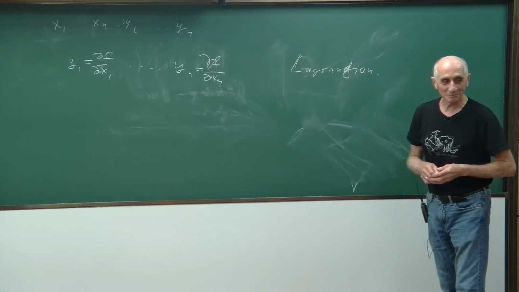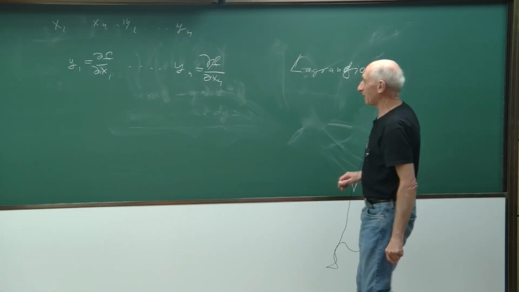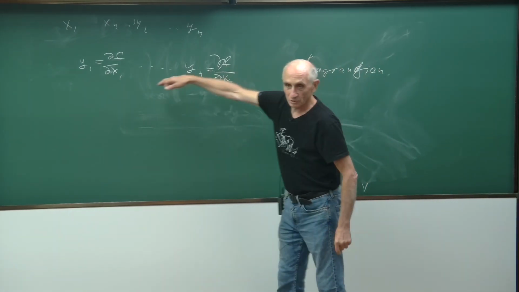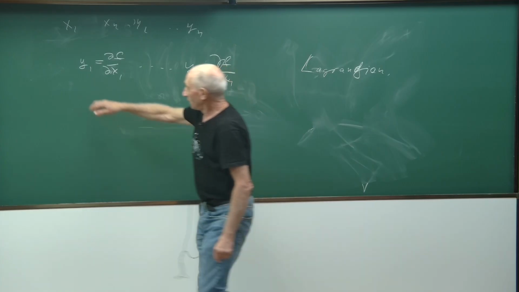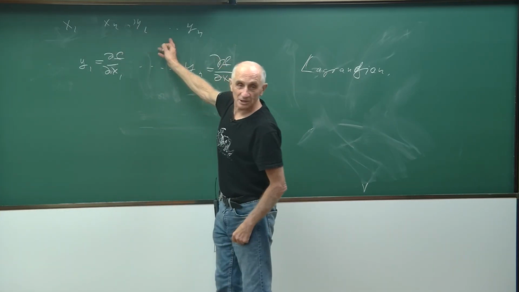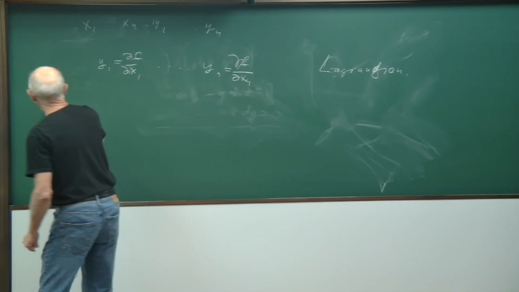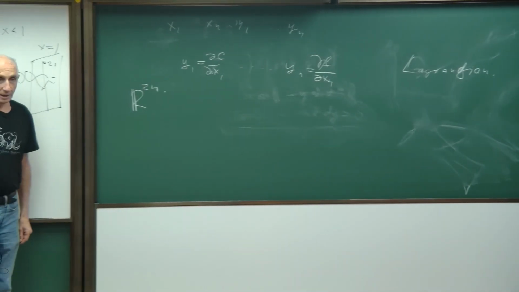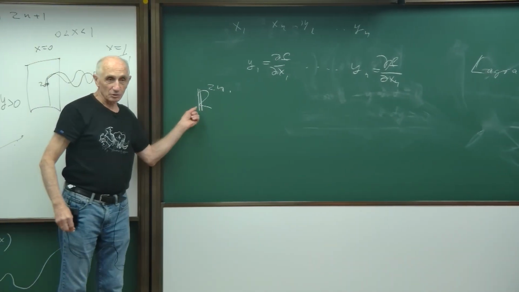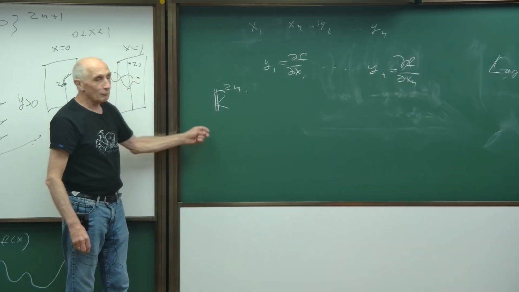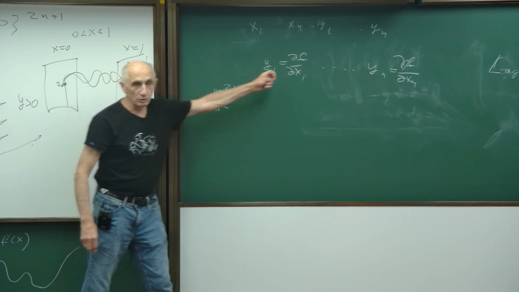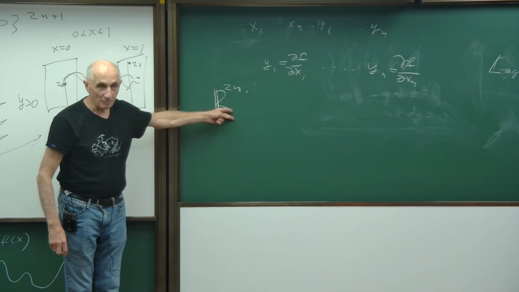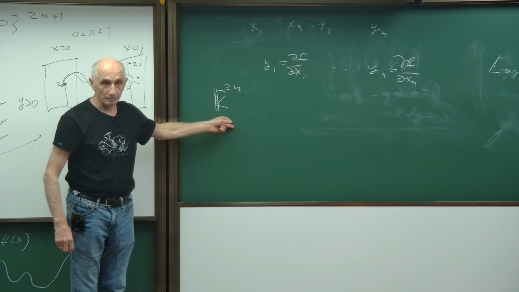Okay, now let's try to characterize this. So now we are in 2n-dimensional space, R2n. And in this R2n, in order to characterize, I want to introduce something which is called a symplectic form.